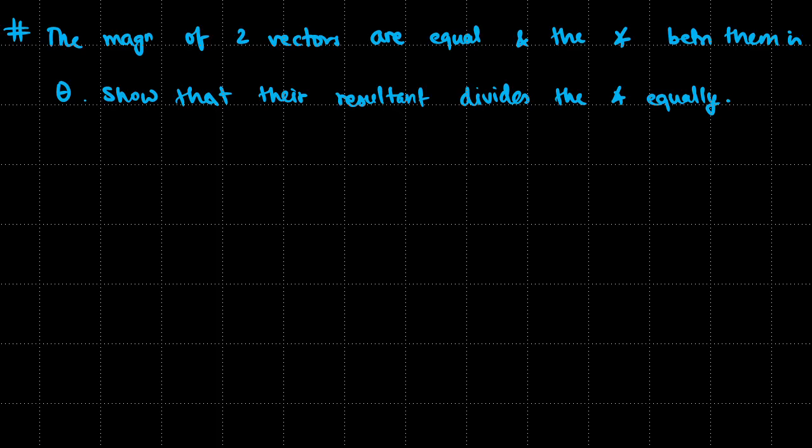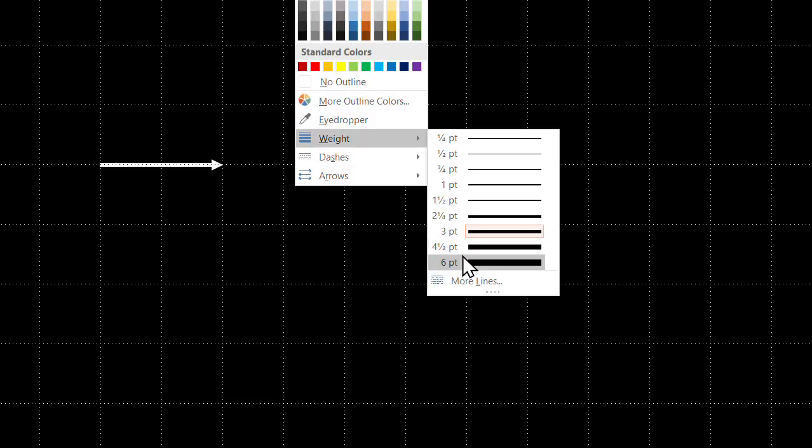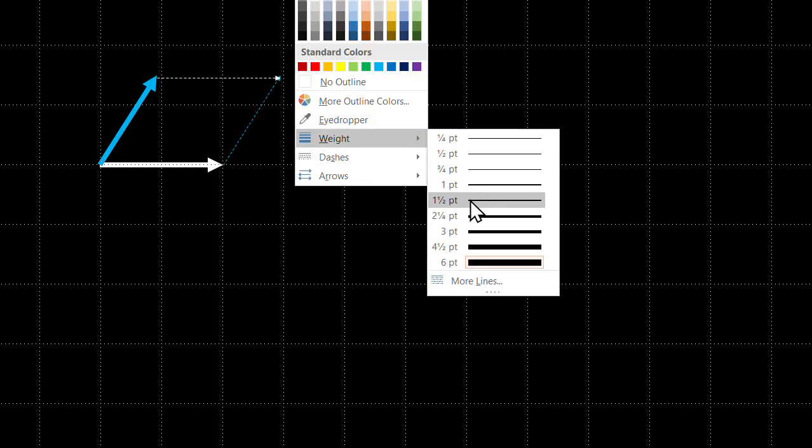If I have to represent this in a picture, let's make a vector. This is my vector. Let's make it white and a lot thicker, and obviously there will be another vector of equal magnitude. Let's use the parallelogram law and make this dotted line.